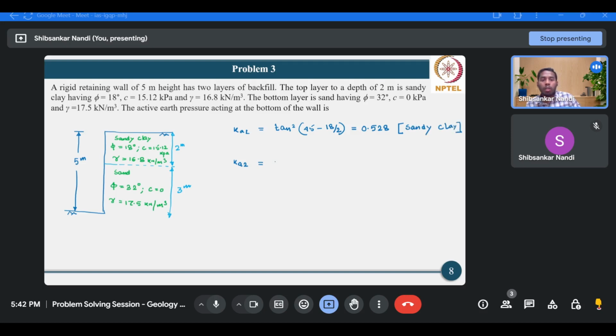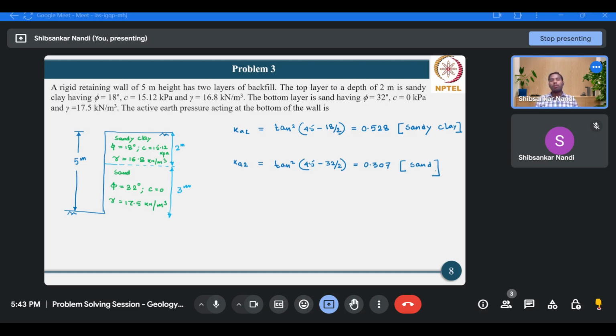Coming to the bottom layer, the active earth pressure coefficient would be tan squared of (45 minus 32/2), which is 0.307 for sand.